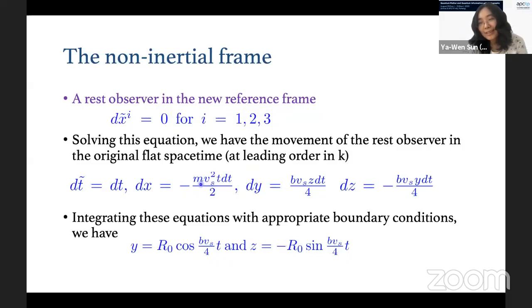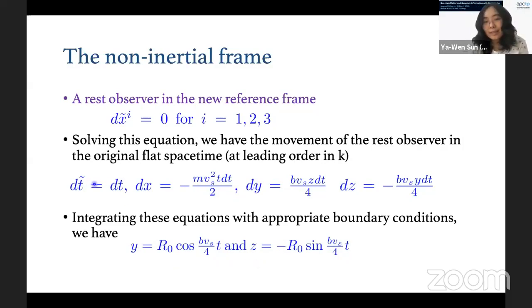A is the acceleration, and it's a constant here. And in the y and z directions, it is rotating at a constant angular velocity. This is the y and z direction integrated. And these are the radius of the rotation, and it's arbitrary.